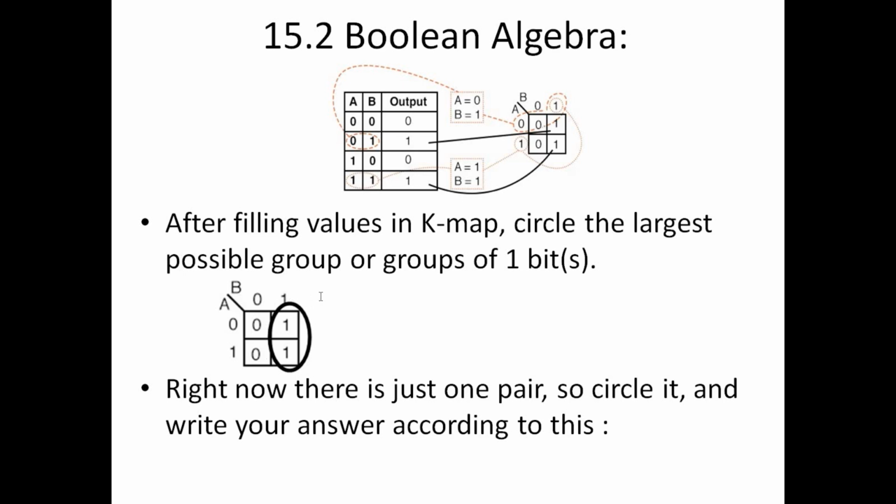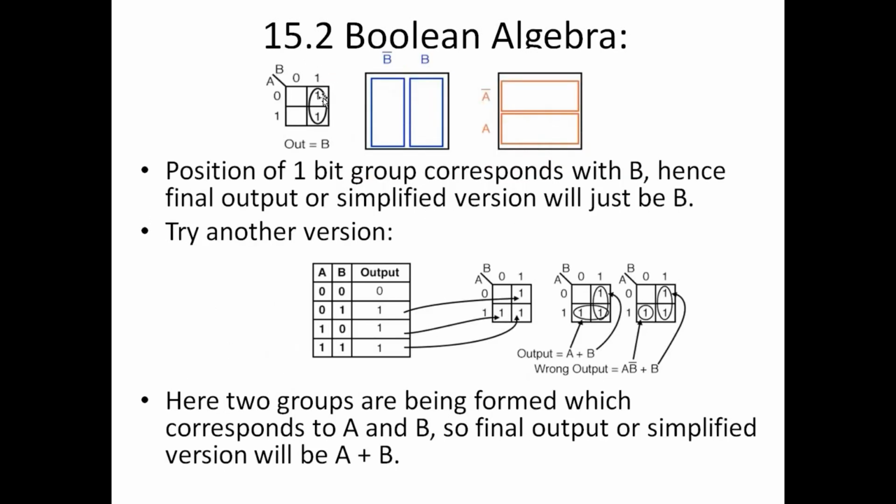You will be asked to circle them using a pen or a pencil in one of the questions, so it's totally fine to draw circles or groups on your K-map after filling it up. Now this is the largest group of ones possible. Right now there's just one pair, so circle it and write your answer according to these rules.